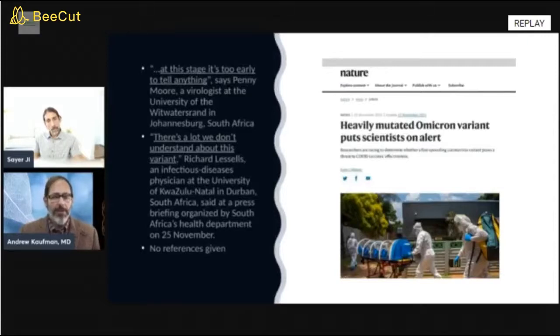Now, this is the one scientifically published article, but it's an editorial and it has 0 references. As you mentioned, the World Health Organization statement also has 0 references. And in this, you see that the title suggests you should worry, right? Heavily mutated Omicron variant puts scientists on alert.